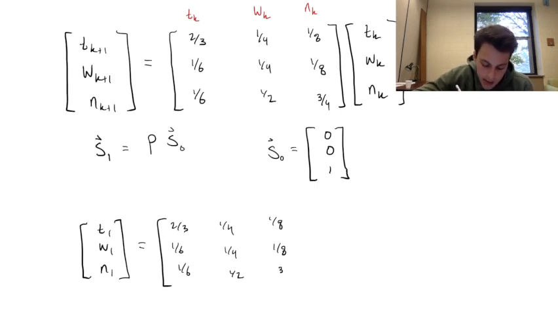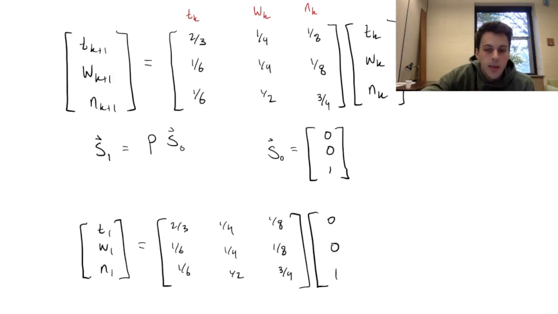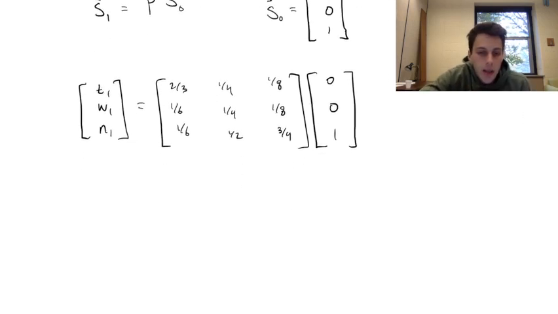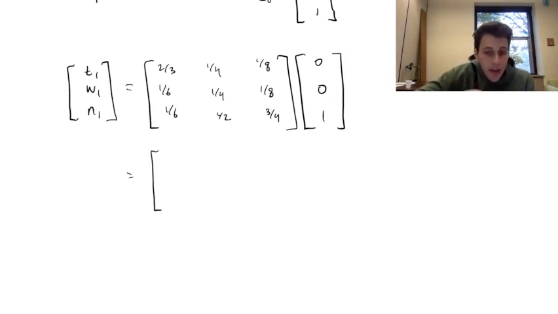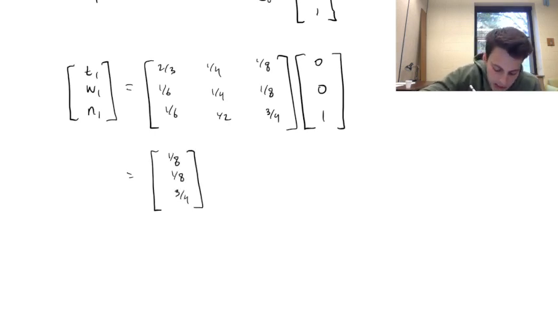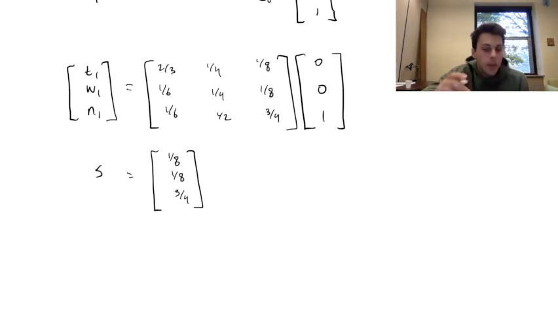All of this times the vector 0, 0, 1. Perfect. So let's compute this multiplication. You should be able to figure out pretty quickly, since we've got 0 and 0 as the first couple entries, it's actually just going to be equal to 1/8, 1/8, and 3/4. Okay, so this is state vector 1.